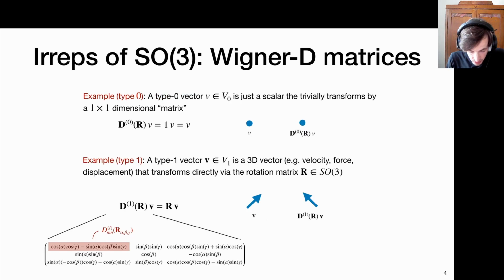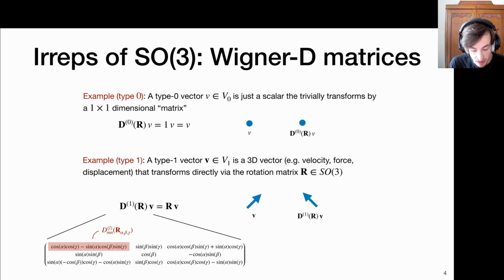Okay, so let's have a look at some examples of Wigner-D matrices. This is a somewhat trivial example, that of a type 0 steerable vector, which is really just a scalar because 2 times 0 plus 1 is 1, a one-dimensional vector, so a scalar. And we know that scalars cannot contain any form of directional information. And so they trivially transform via the representation of the rotation group.